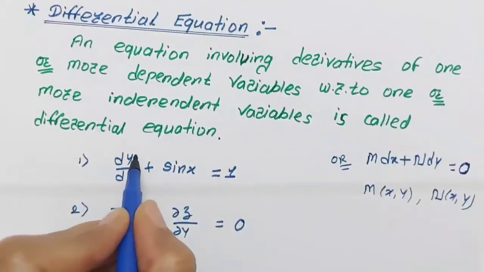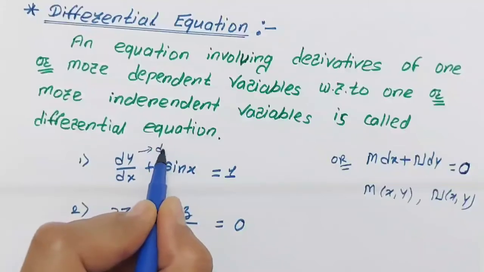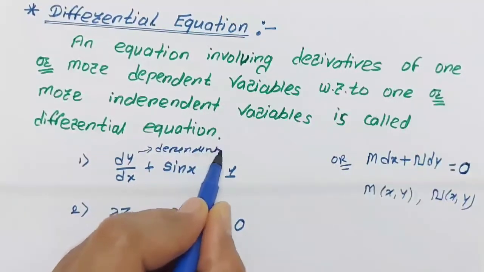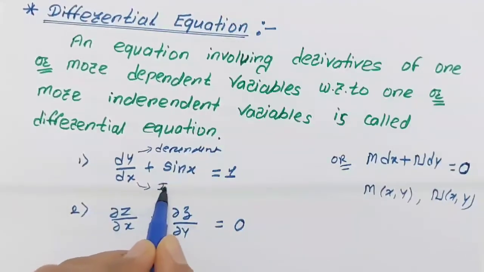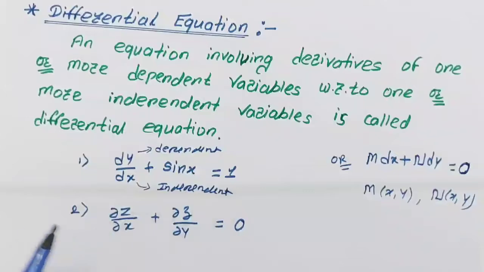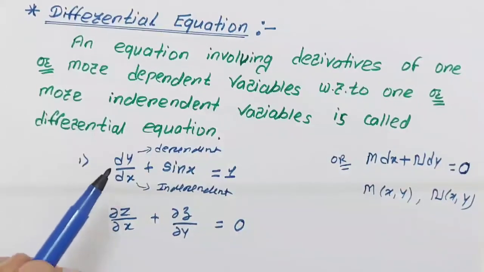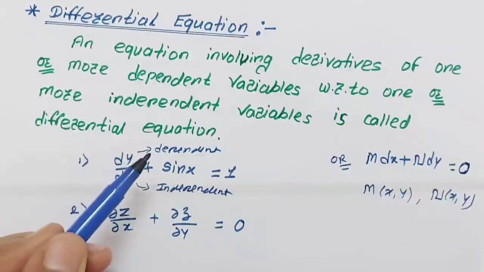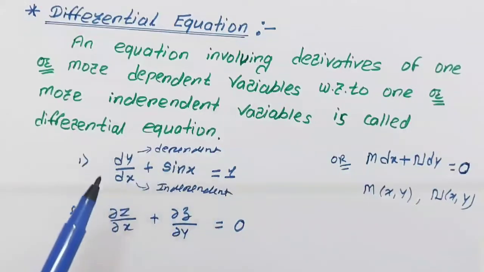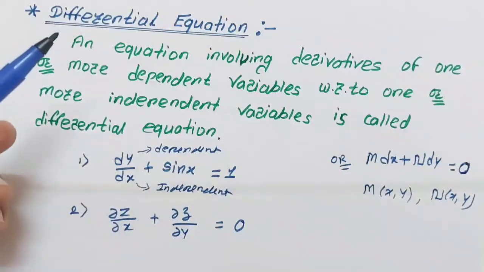So here y is our dependent variable and x is the independent variable. So this equation contains a derivative of the dependent variable with respect to the independent variable, so it is nothing but a differential equation.